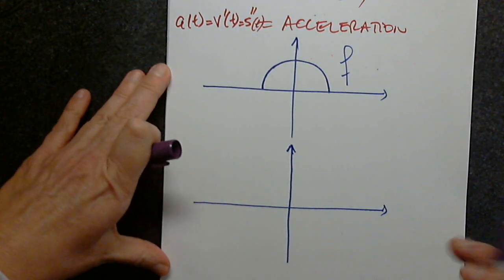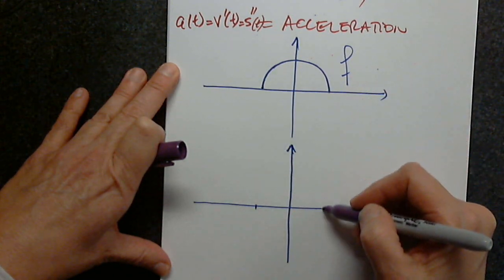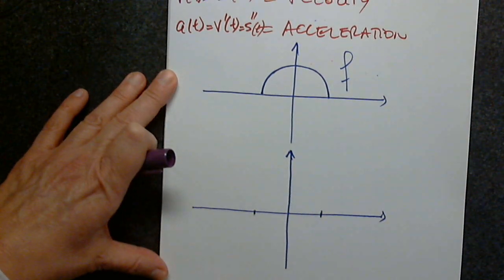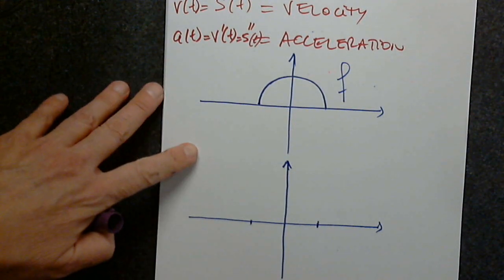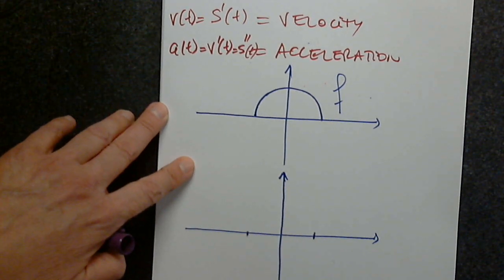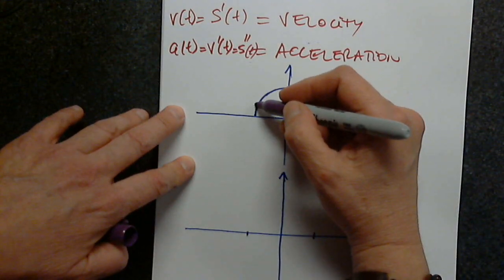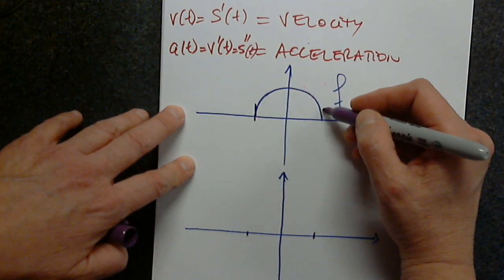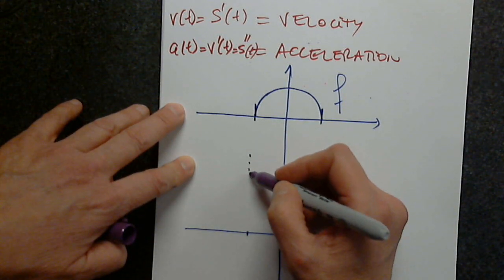Okay? Ready? So we're given the graph of a function, and we're asked to come up with a rough estimate of the graph of its derivative. Would you agree that there is a tangent here and a tangent here and it's vertical? Yes.